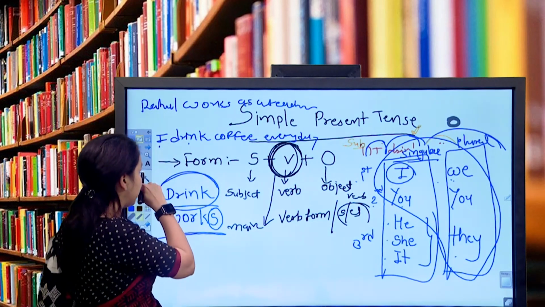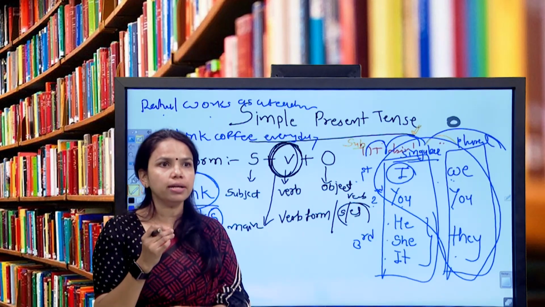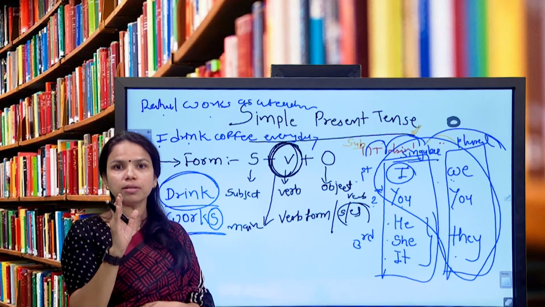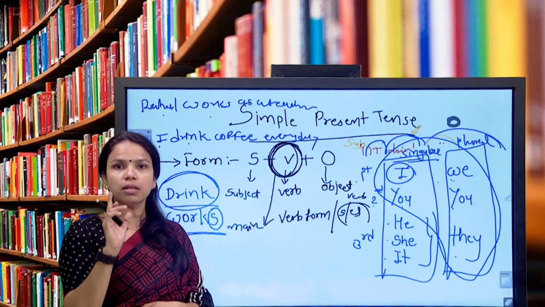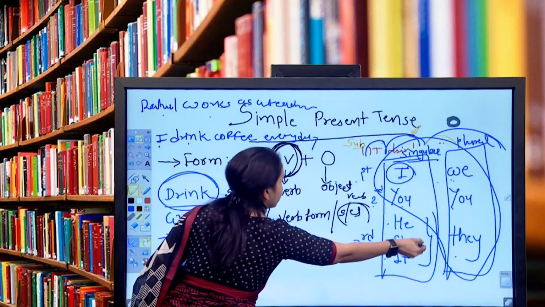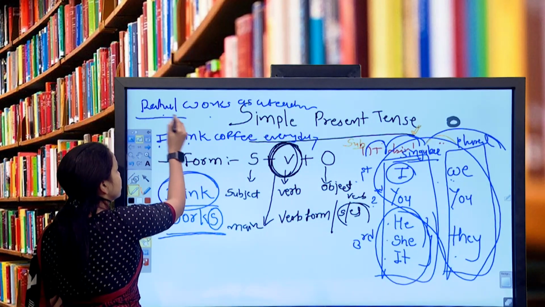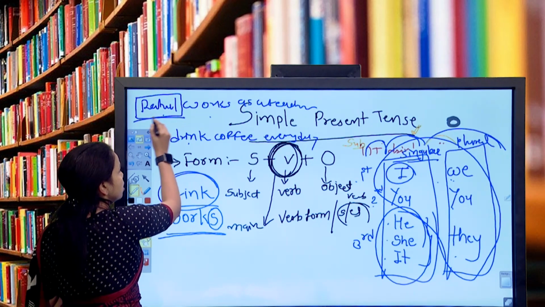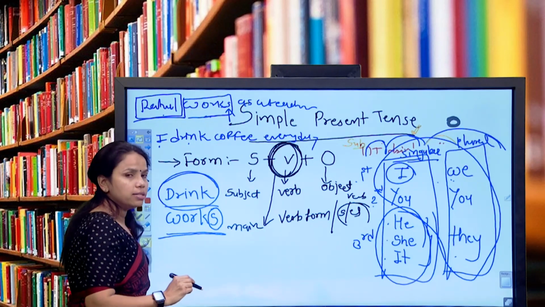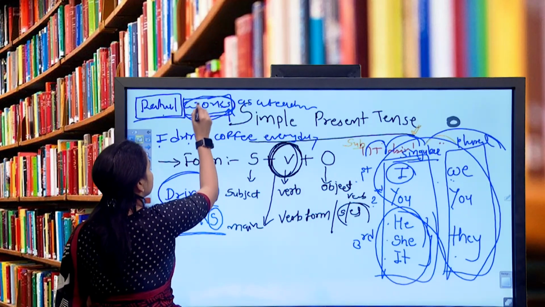In the sentence Rahul works as a teacher, Rahul represents he, which means third person singular. So in simple present tense, whenever the subject is third person singular, we have to put s after the verb. That is the reason why we have used works as the verb.